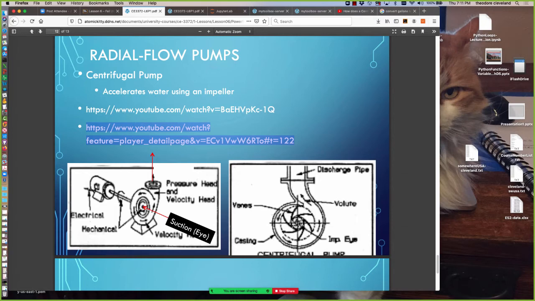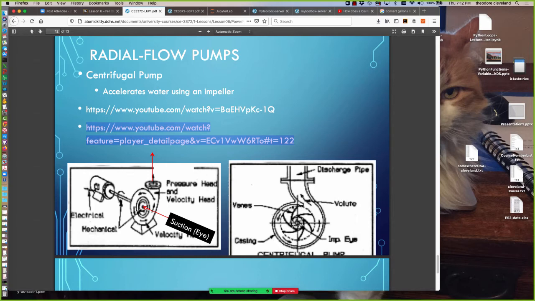When they were talking about the increasing area in the direction of flow, this diagram here I think does a better job. The impeller is circular, so it subtends a circle, and the housing is not circular.